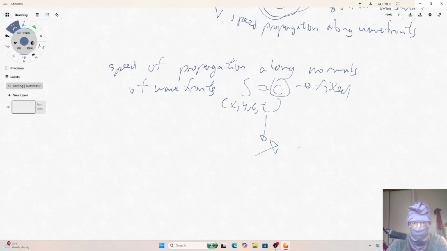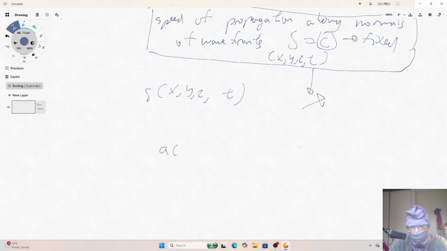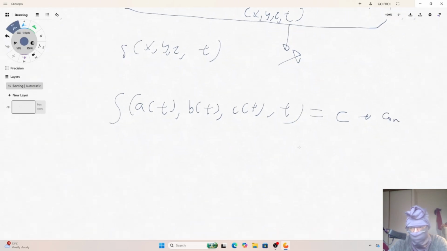So how was he able to find the speed of propagation along normals of the action function of wavefronts of electrons? He would take a point on an initial wavefront and say that as time evolves, the point on that initial wavefront will evolve also, so that the wavefront will maintain its phase equal to C, a constant.